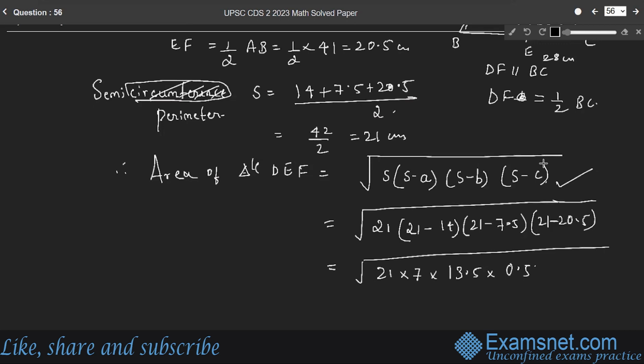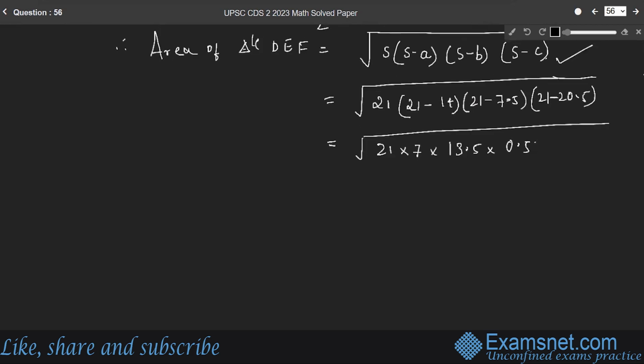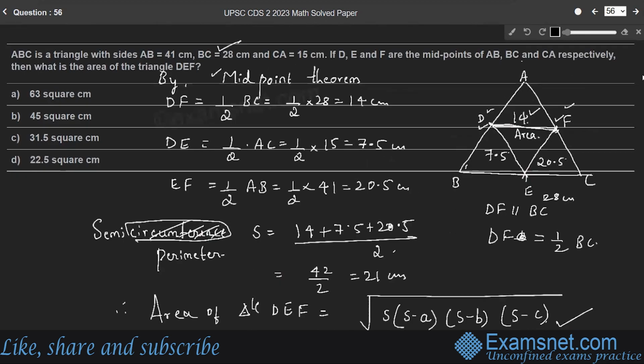Therefore, simplify it. When you take the product of these, you will get root of 992.25, which is equal to 31.5 square centimeter, right? 31.5 square centimeter is the area of DEF, right?